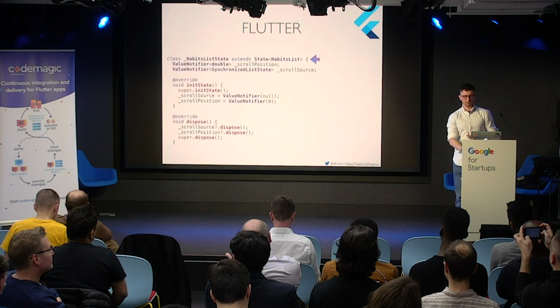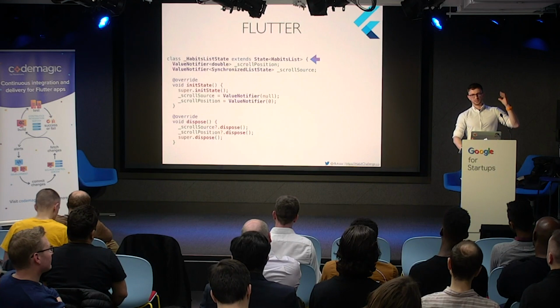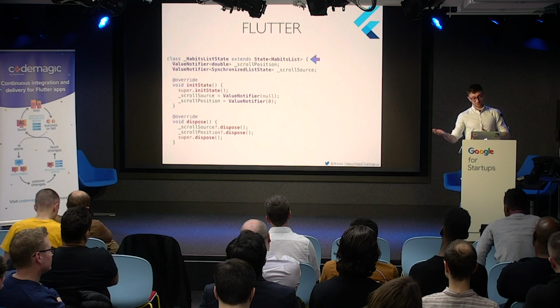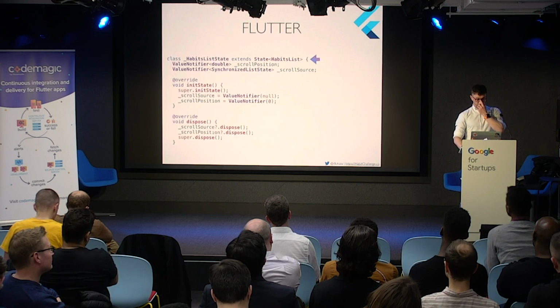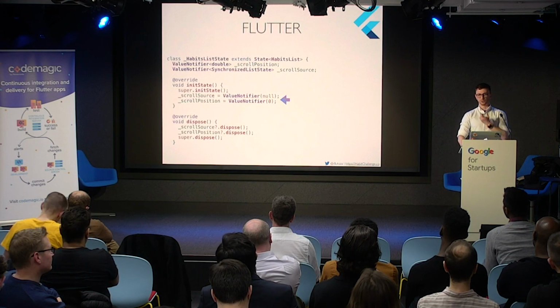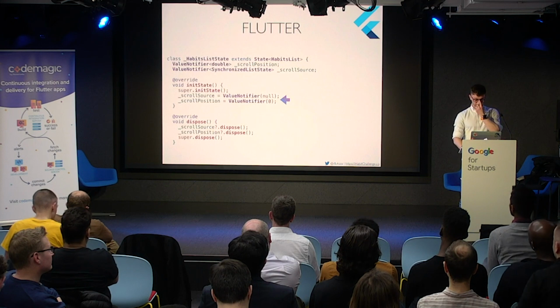A bit differently compared to React Native, I don't keep those values on the screen level. I only keep them in the habits list widget that has a value notifier that is set to null for a scroll source, so this is the active list, and 0 for the position.